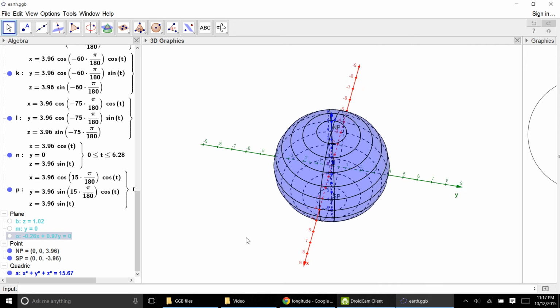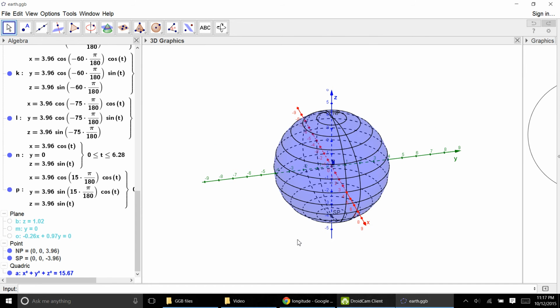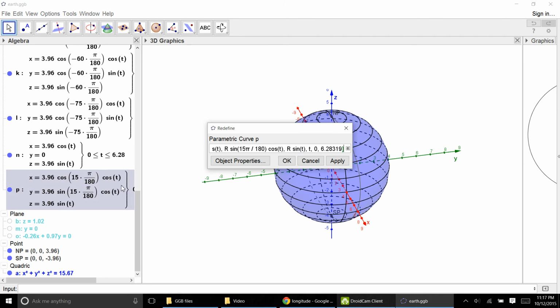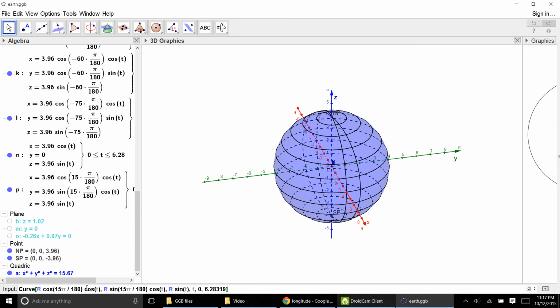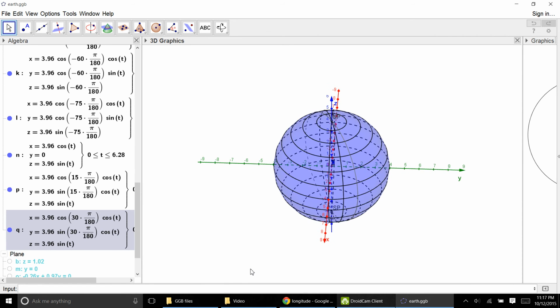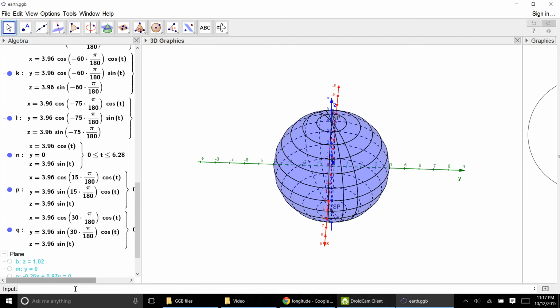Let's just get the rest, and then complete our mapping of the Earth. So to do that, we're just going to change the angle in here. We'll just make it a 30 instead of a 15. And then we'll just keep doing that until we get around the whole Earth.